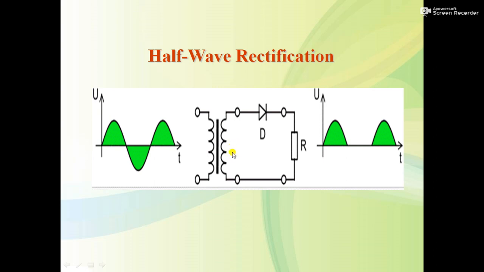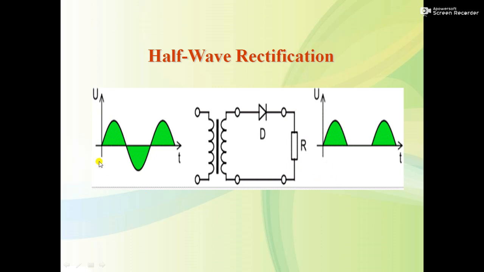Whatever voltage we get at the secondary winding, we give some polarity, this is A and this is B. This is a diode acting as an on and off switch. After this we connect one load resistor RL to control the flow of the entire current, and across this RL our aim is to collect the output voltage.